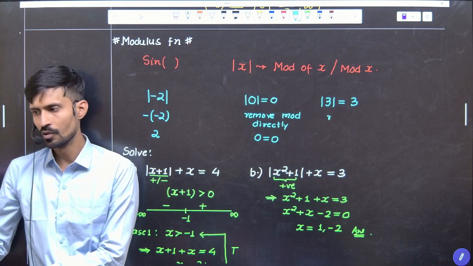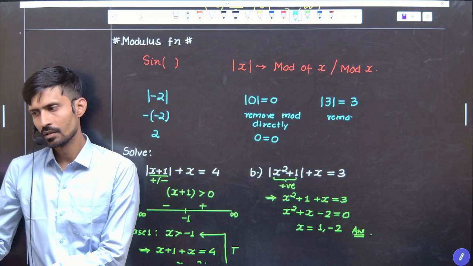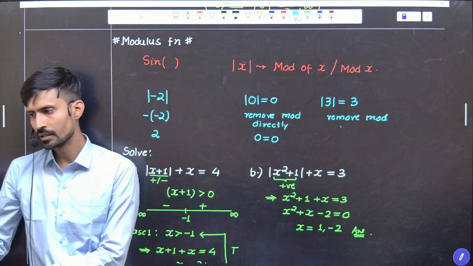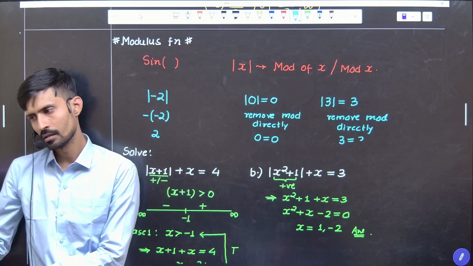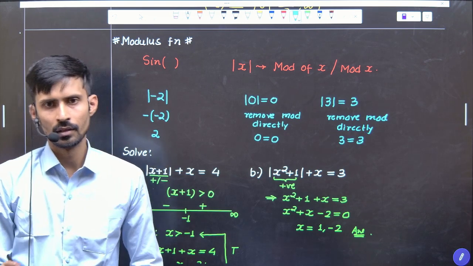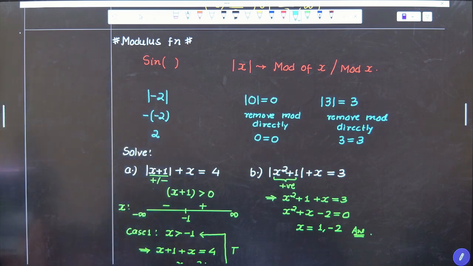Here also remove. Who wants to write down that part? Sit down and write.